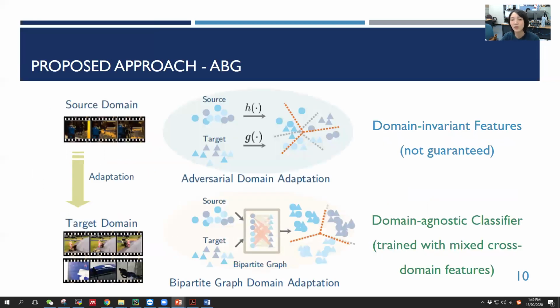So to address the issues mentioned above, in this paper, we take a more feasible strategy, which is to construct a domain-agnostic video classifier instead of pursuing domain-invariant feature learning. In the proposed adversarial bipartite graph, the video classifier is directly exposed to the mixed cross-domain representations, which preserve the temporal correlations between the source and target domains, and are modeled with a network topology of the bipartite graph.